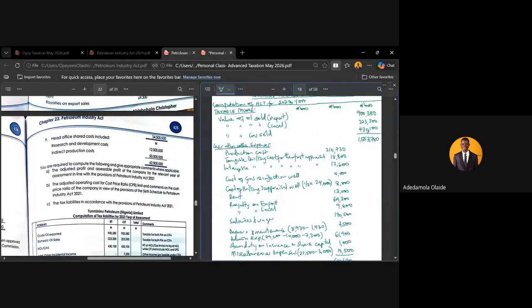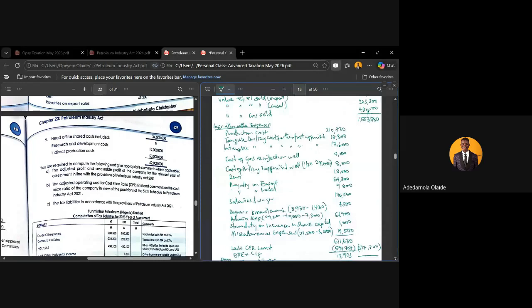Operating expenses. Okay. The adjusted profit is 956,073.